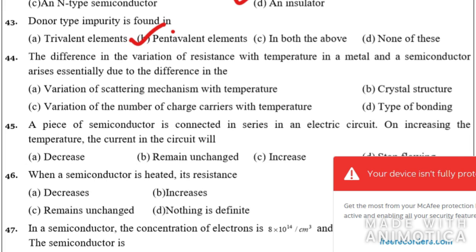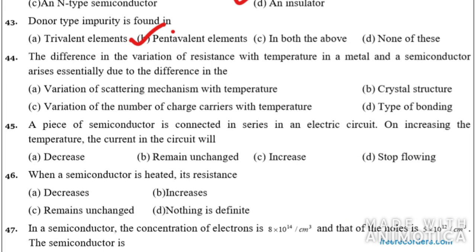The 44th. The difference in the variation of resistance with temperature in a metal and semiconductor arises essentially due to the difference in the variation of scattering mechanism with temperature, crystal structure, or variation of the number of charge carriers with temperature. Yeah, that's right.